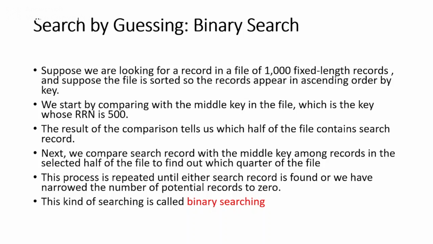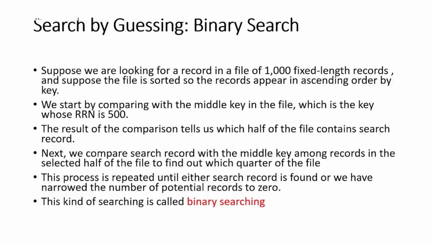The remaining half will not be considered. Next, we compare with the middle key among records in the selected half of the file to find out which quarter of the file. This process is repeated until either the search record is found or we have narrowed the number of potential records to zero. This kind of searching we call binary searching.